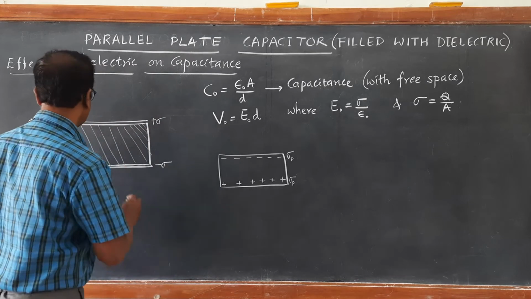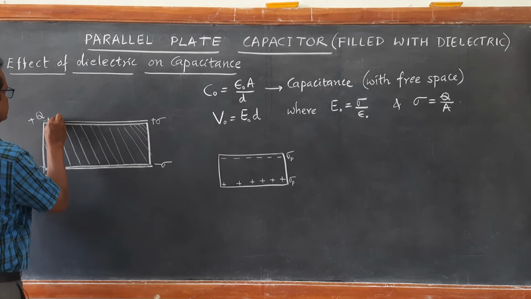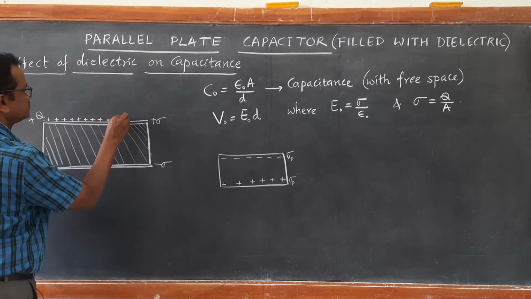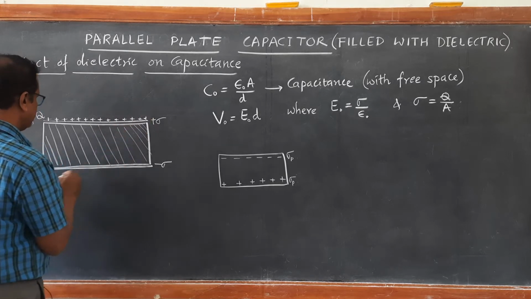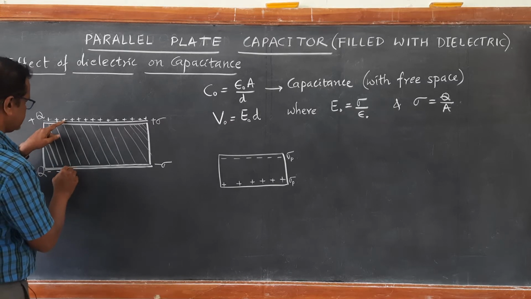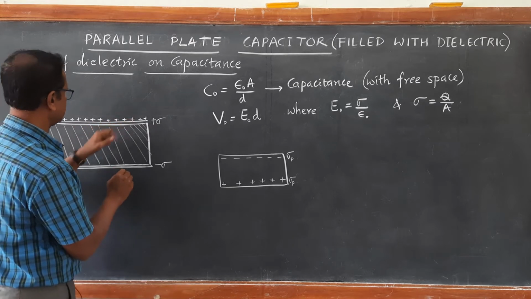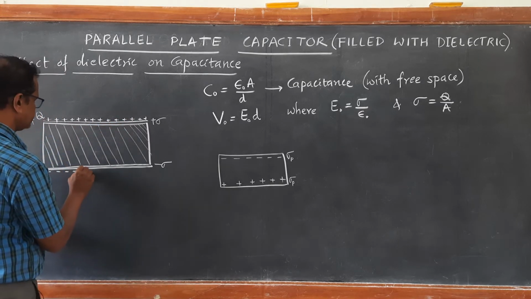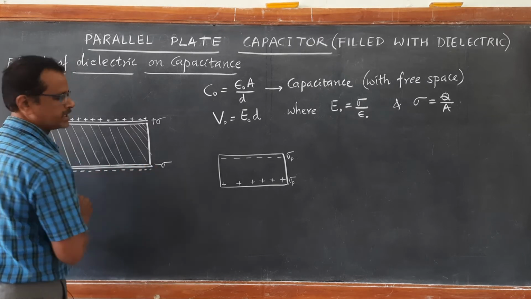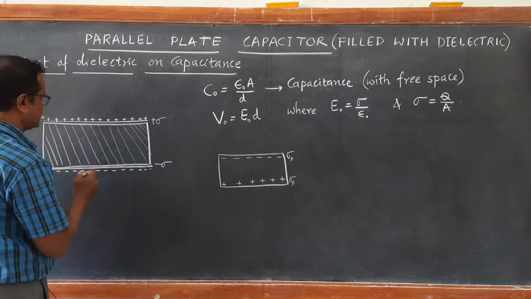As a result, what happens, you can see here. Earlier, the upper conducting plate I have taken as plus charge Q, and similarly the lower conducting plate as minus charge Q. Because of polarization, what happens?